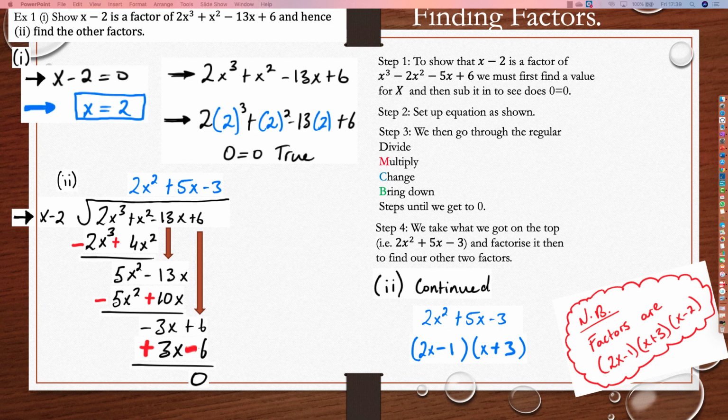Alright, off you go. Show that 2x minus 3 is a factor of 2x cubed minus 15x squared plus 34x minus 24, and find the other factors.